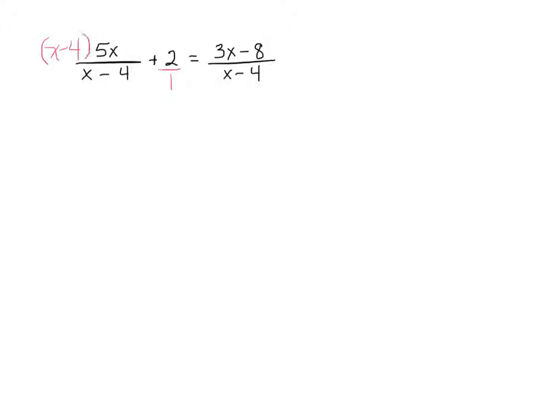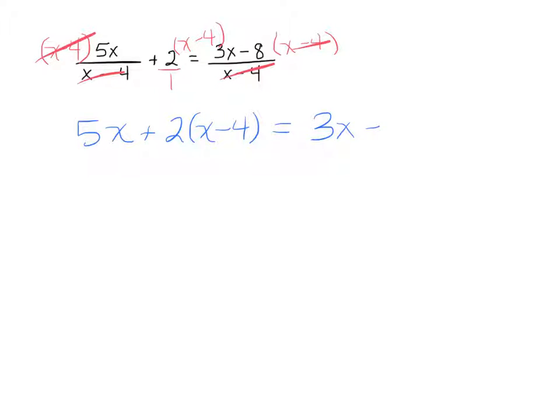The only thing, some people did x minus 4 over x minus 4, which is not right. Just x minus 4. But what happens when you do that, those cancel out, so we have just 5x for that first term. The second one is 2 times x minus 4. And then the x minus 4's cancel in the last one as well, so it's 3x minus 8.